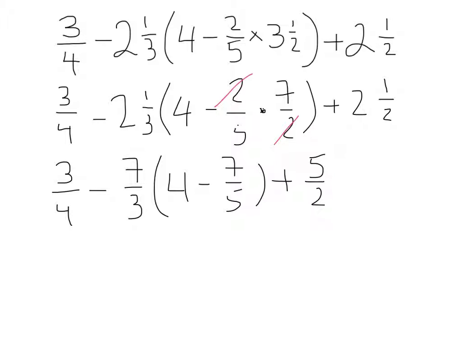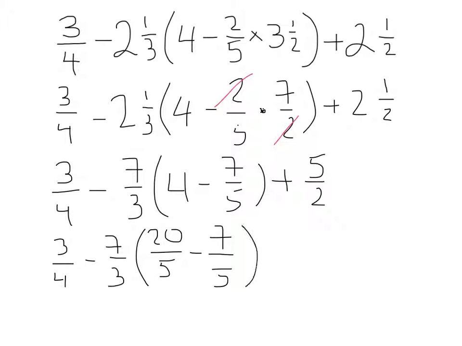Now, 4 minus 7/5, we can turn that into a common denominator, and that will give us 3/4 minus 7/3 times 20/5 minus 7/5 plus the 5/2.